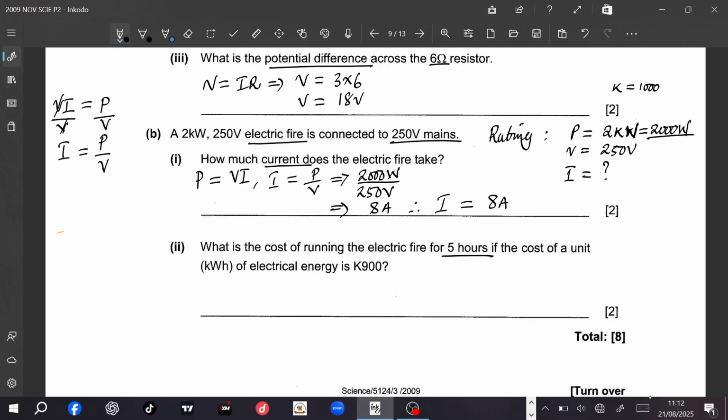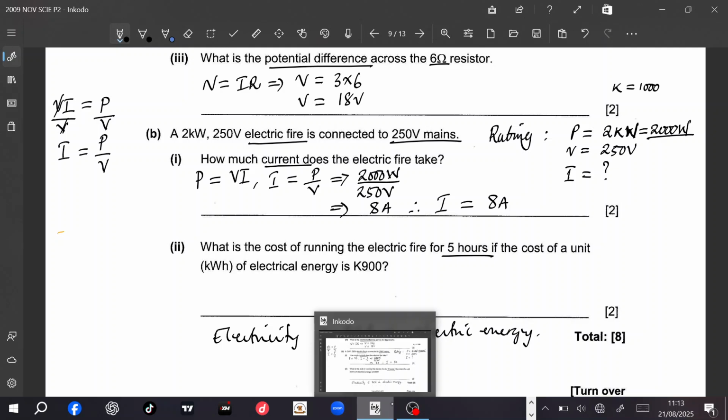For you to answer this question, you must understand how electricity is sold. Electricity is sold in electric energy.